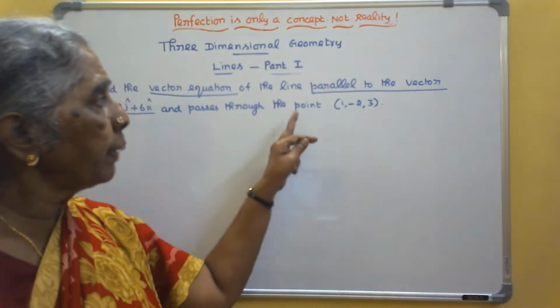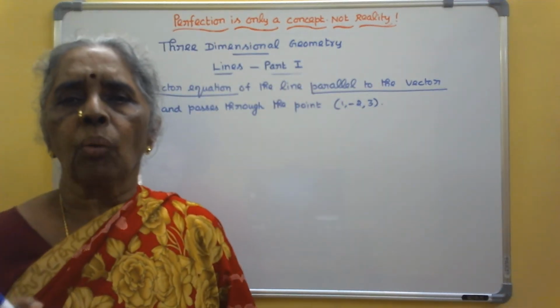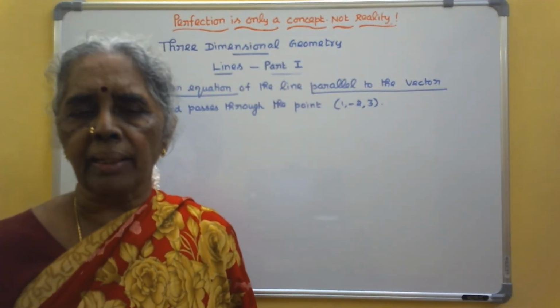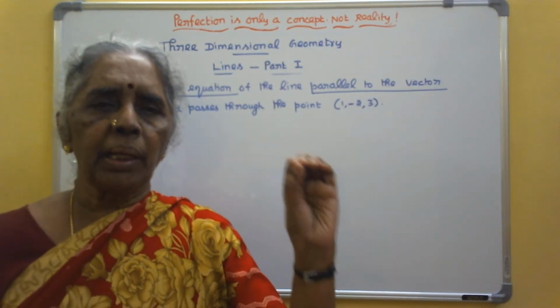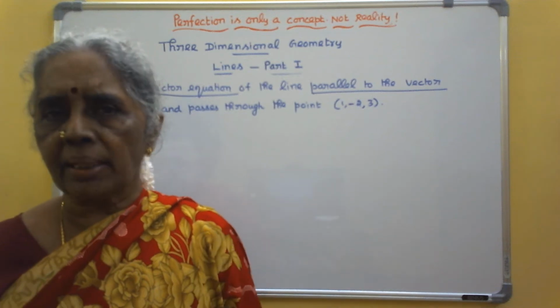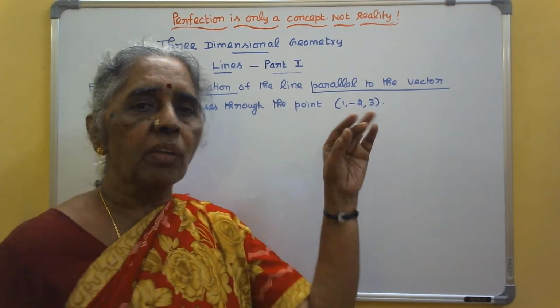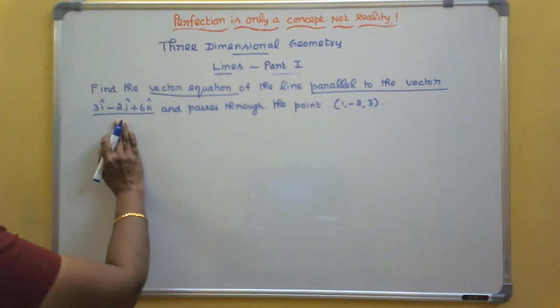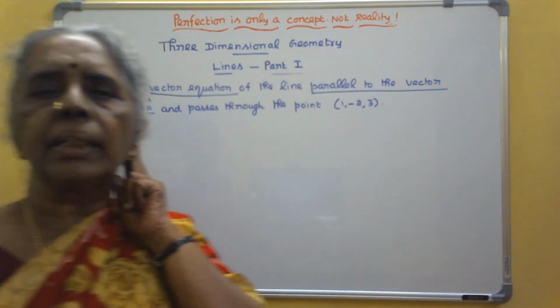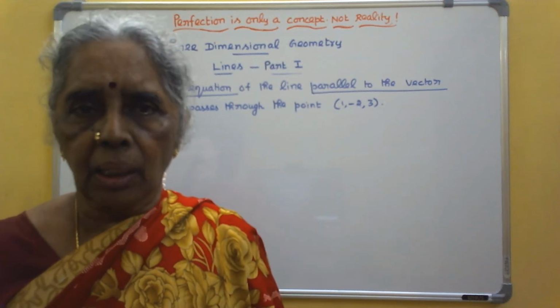Then it passes through the point (1, minus 2, 3). The point may be given in vector form. It may be given in Cartesian form. That doesn't matter. So from this we will be writing the A vector. So this part is A vector. This is B vector. You want to find the vector equation of the line. Okay.